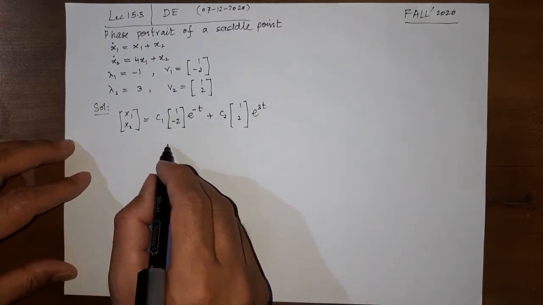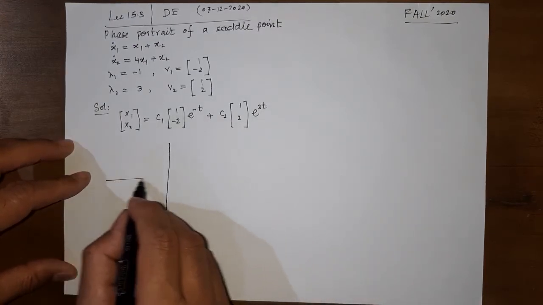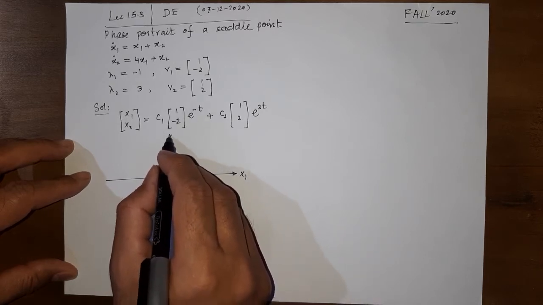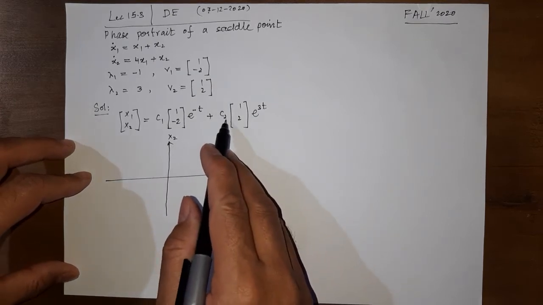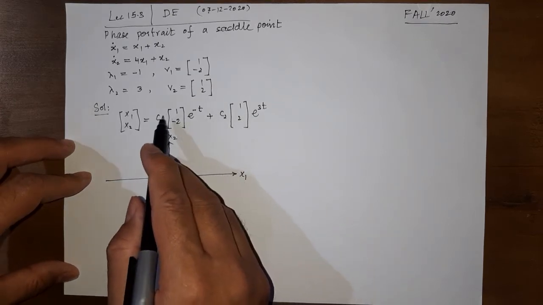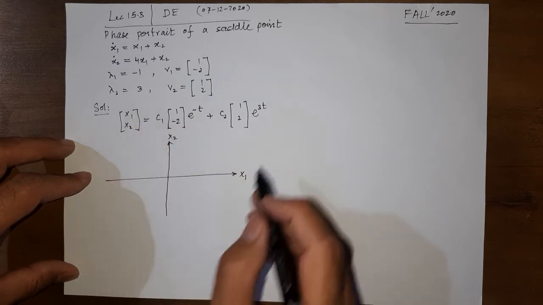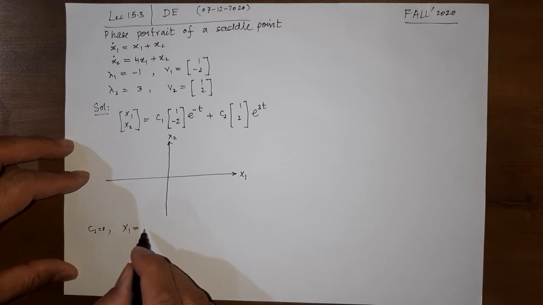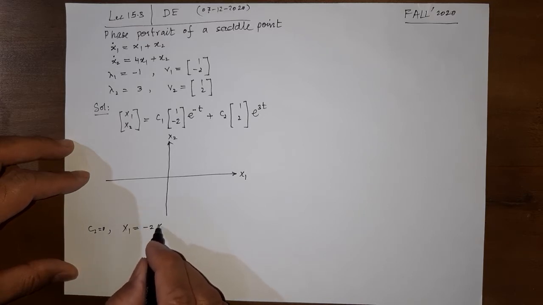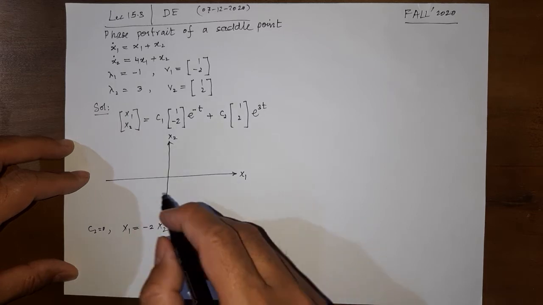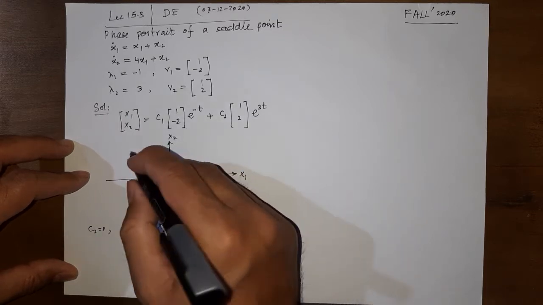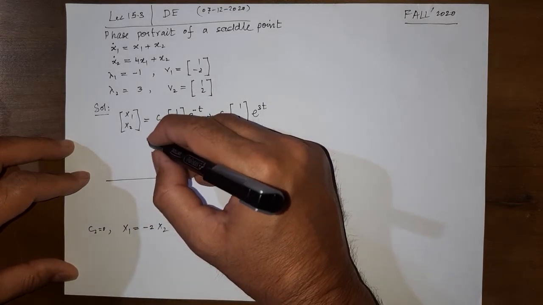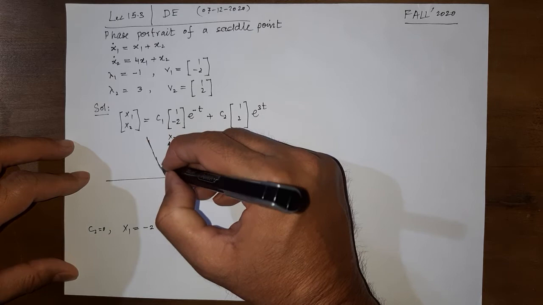So you can very easily check that for the initial condition where C2 is 0, we have x1 equal to -2 times x2. Once again, this slope is -1 and this is -2, so it will be larger or smaller actually in the negative number sense.